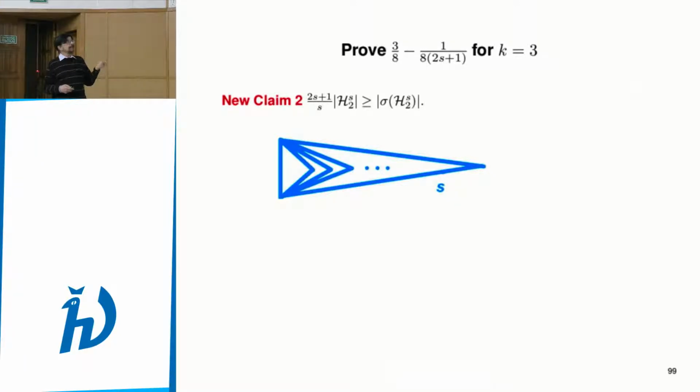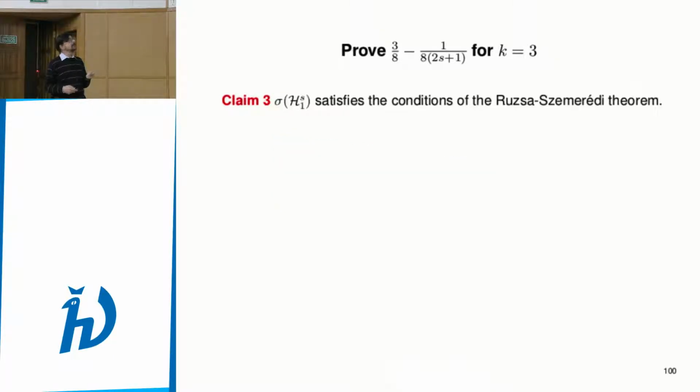But if we add a new one, it can give only two new edges, which is less than this one. So it will be better than this ratio. So we improved claim 2.